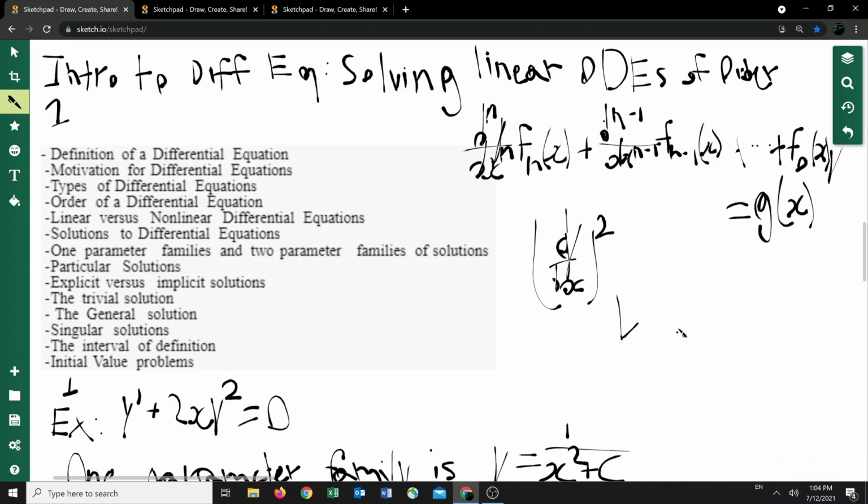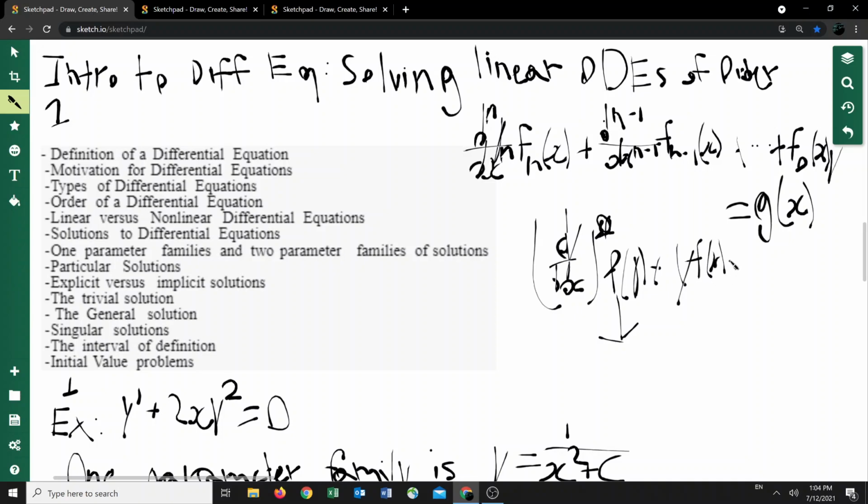Another counterexample is if we've tried everything to put it in a linear form, but we still have these functions of y in front of our derivatives. So let's say this was just dy/dx, but we have a function of y plus y times a function of x.